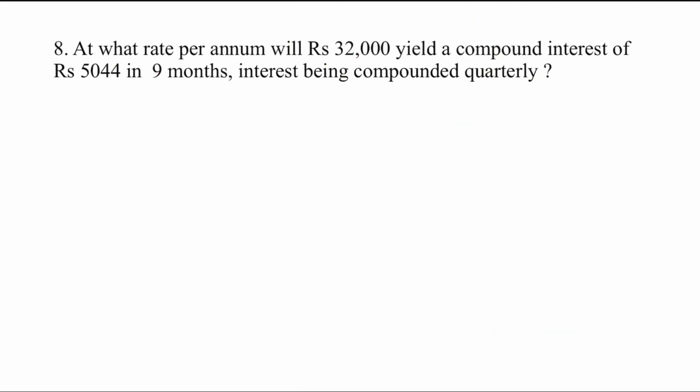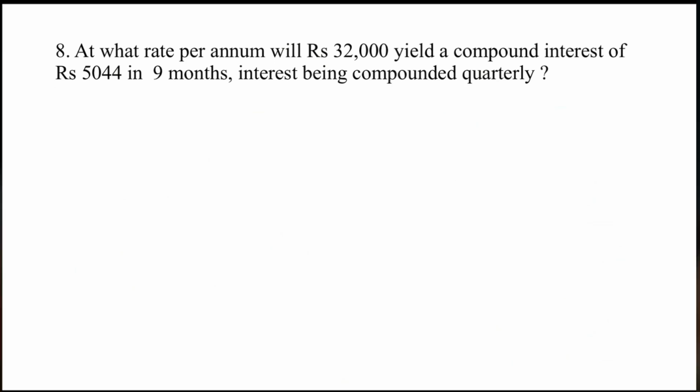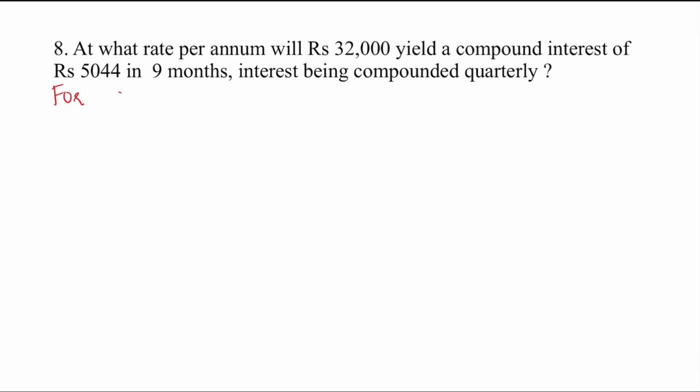At what rate per annum will rupees 32,000 yield a compound interest of rupees 5,044 in 9 months, interest being compounded quarterly? Now they are asking for quarterly. So for quarterly we know that the rate is R by 4 and the time becomes 4t.